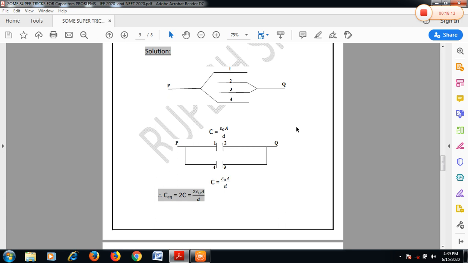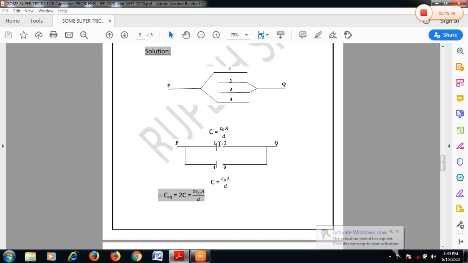Okay, and to get the simplest possible circuit, we need to trace from point P and map it down to the simplest possible circuit. So first we start working from point P. First, this plate 1 is connected to potential P, so let us connect it.